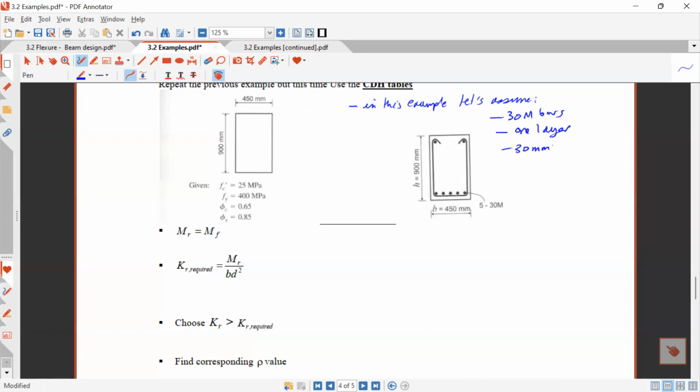We have 30 millimeter cover. And then we also have 10 M stirrups. So we already know we're going to place 30 M in one layer just to make things easier. So we're going to calculate the actual d. If you didn't know, you can also use a d estimate. Okay, so let's just be clear here.